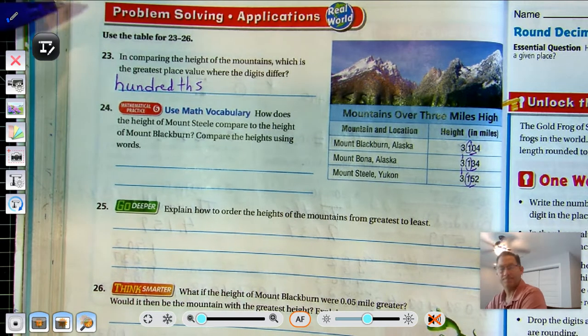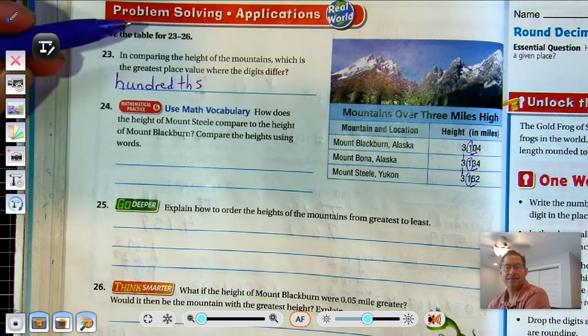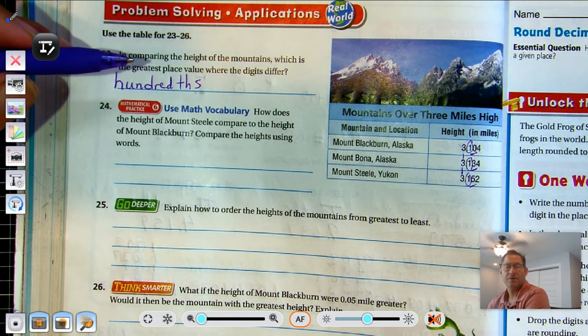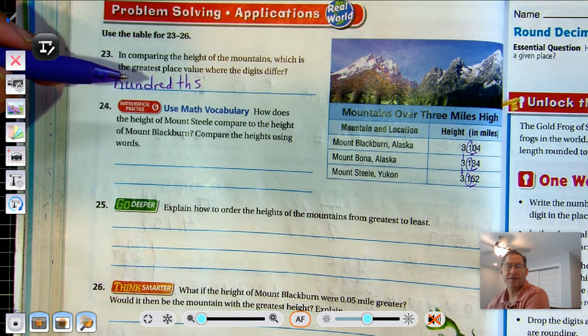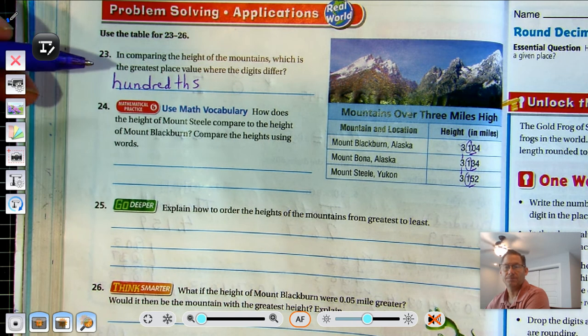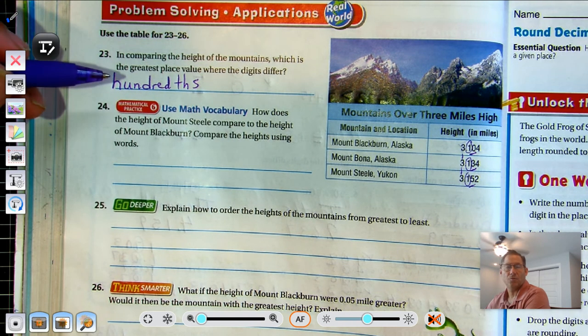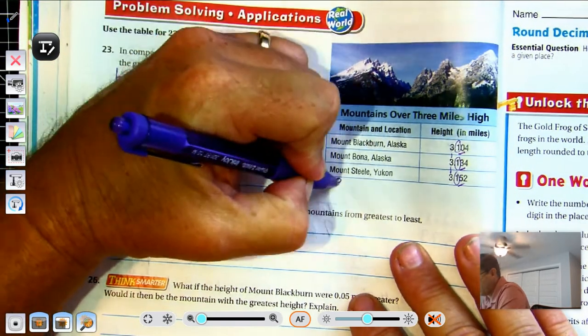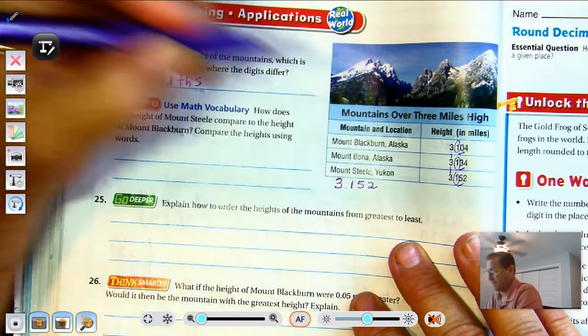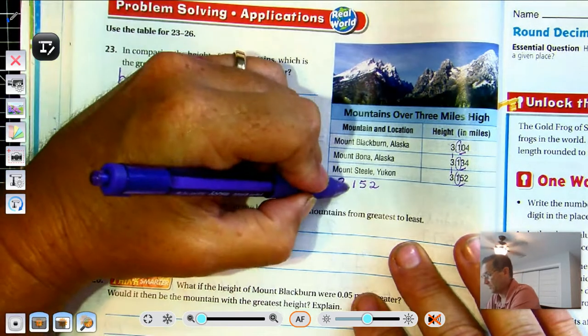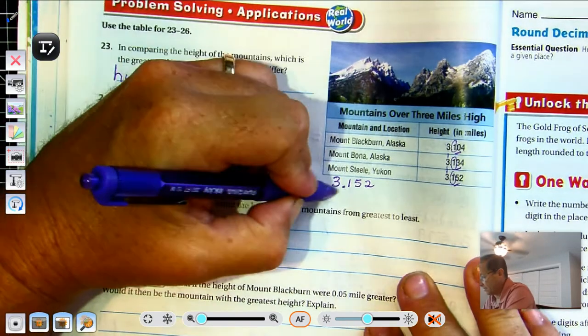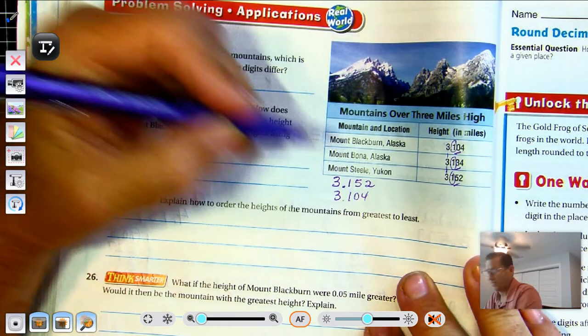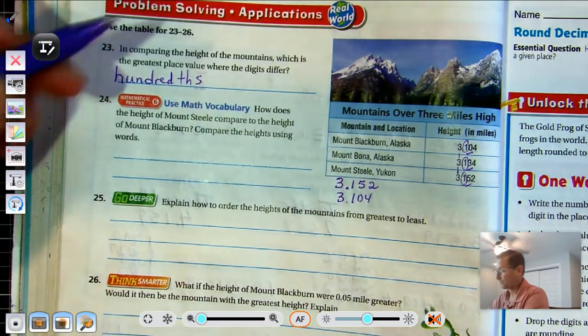All right, 24. How does the height of Mount Steele compare to the height of Mount Blackburn? Compare the heights using words. So Mount Steele, Mount Blackburn. Mount Steele is 3 and 152 thousandths. Mount Blackburn is 3 and 104 thousandths.